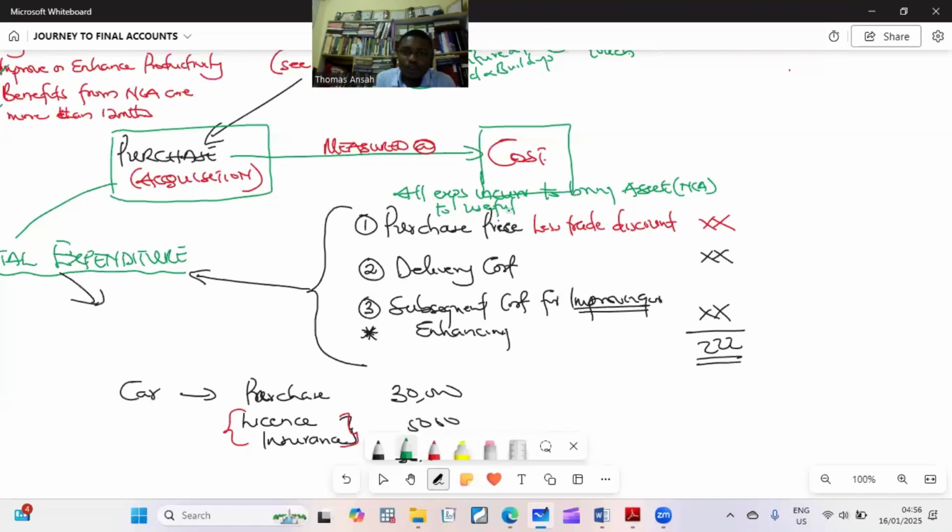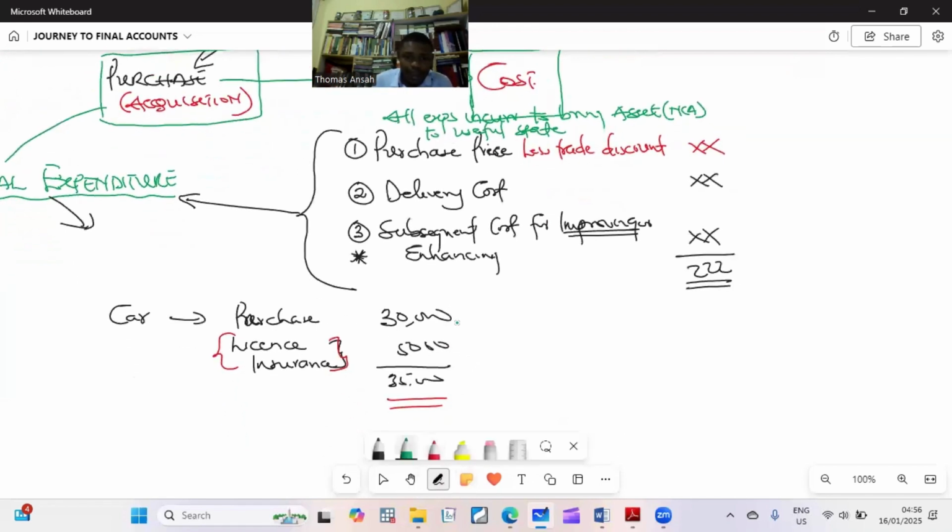That is to a point where we can use it. And these are some of the costs to a point where we can use it. So now, if you buy a car and you don't do the license and the insurance, you cannot use it on our road. So the very first one that you will do will be part of the cost of the asset.